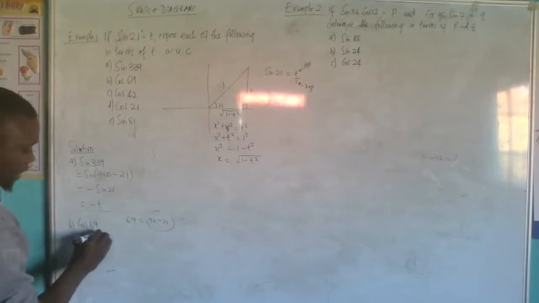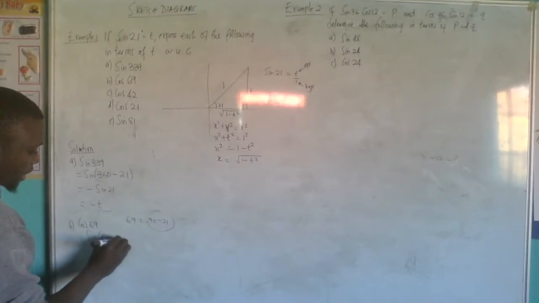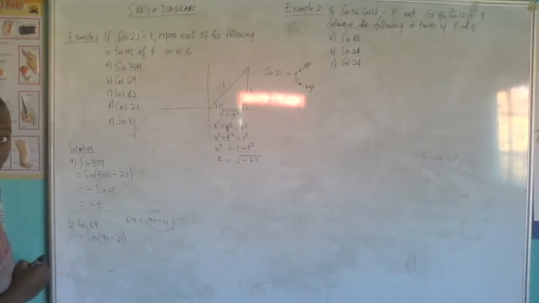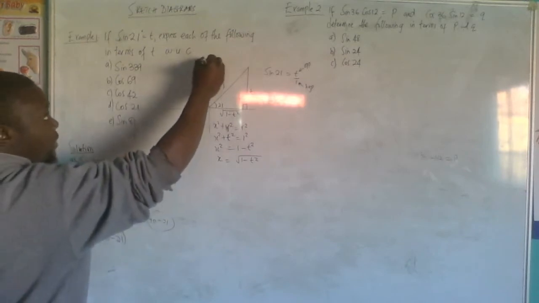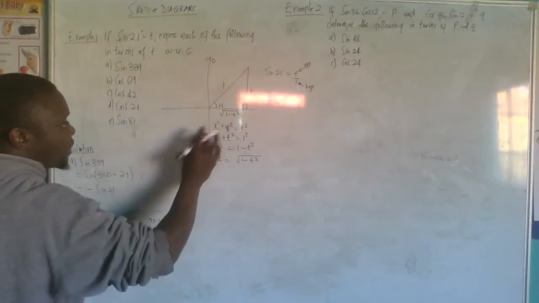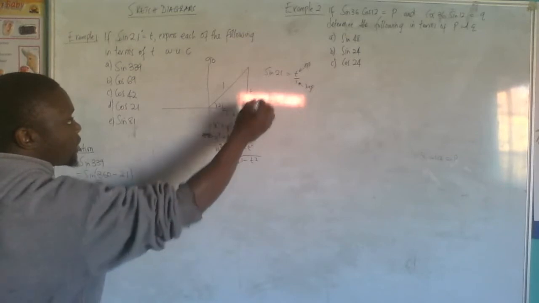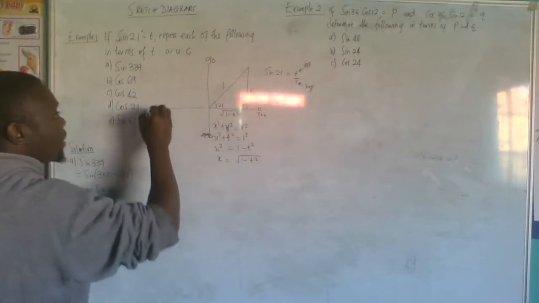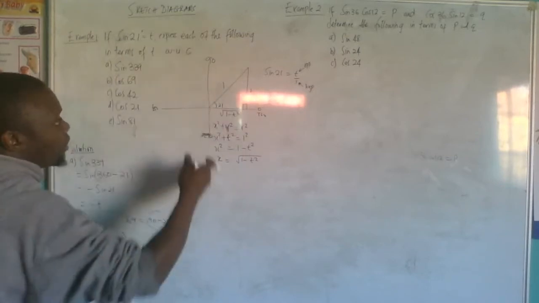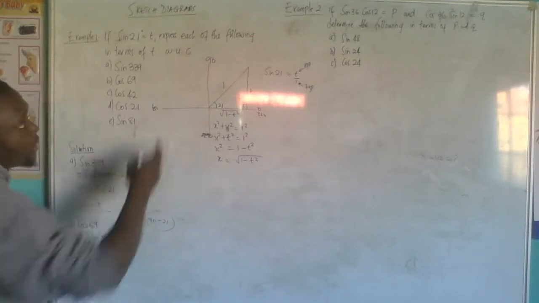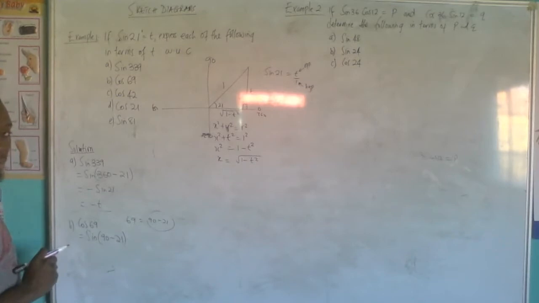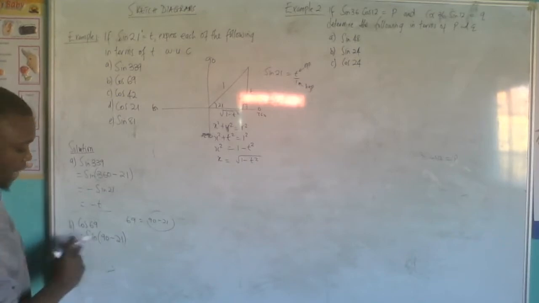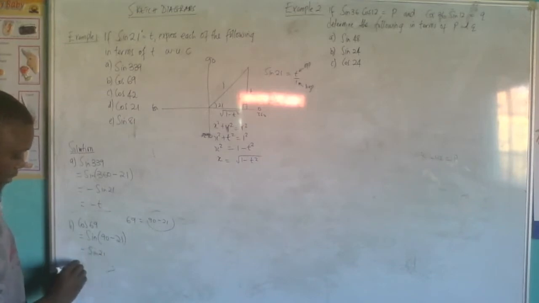It will become sine of 90 minus 21. Remember, if I take angles along the y-axis, for example, I took 90 minus 21, immediately that will change to its cofunction. Then this lies in the first quadrant, so it remains sine 21, which will equal t.